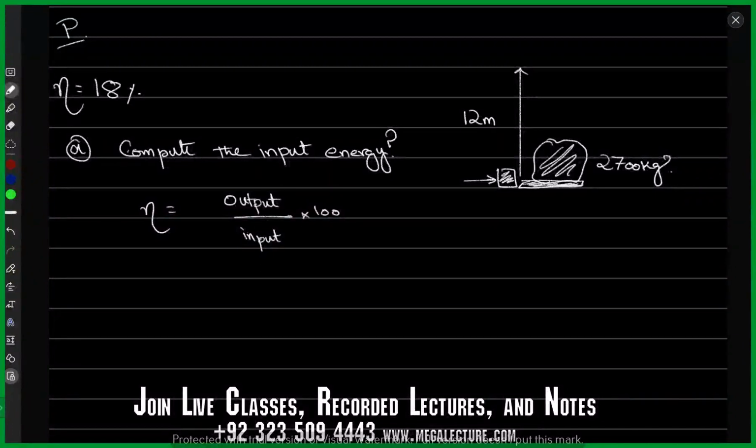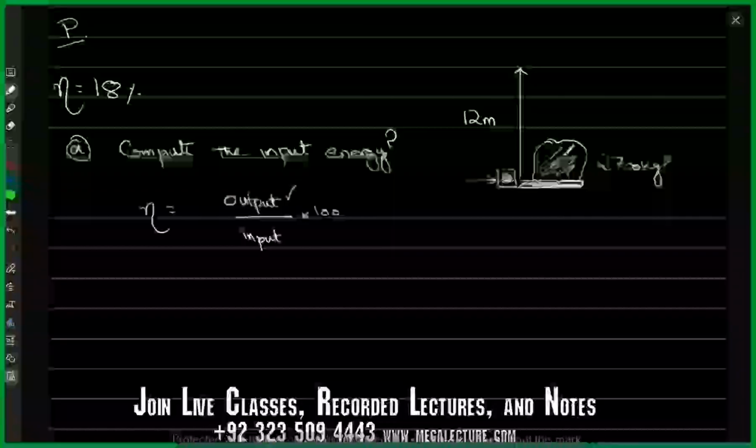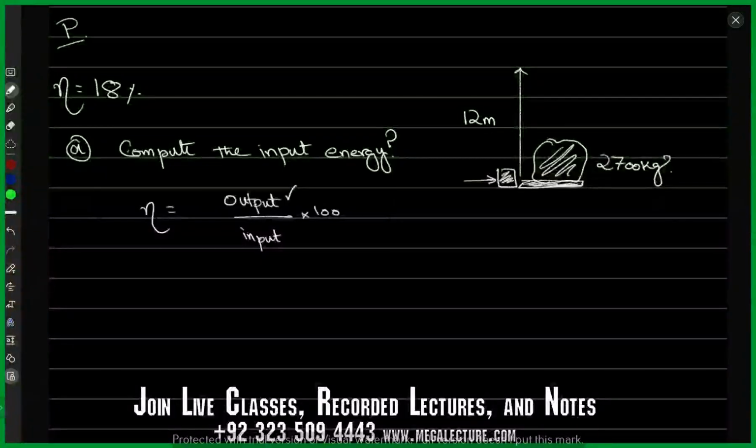This means, okay, so what is the output? The output energy or output work that I'm getting is entirely the gravitational potential energy, which includes the height of 12 meters, right?